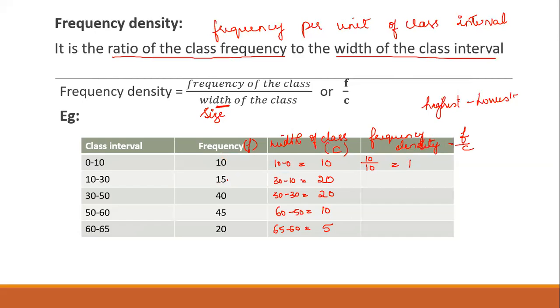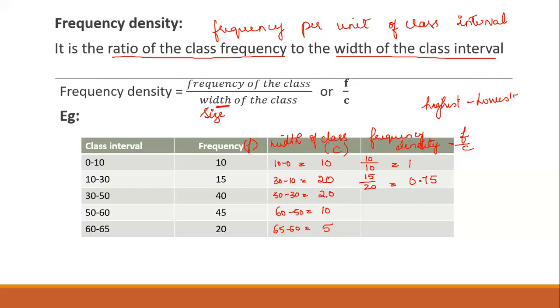The second one, frequency F is 15, divided by the size or width, that is 20. So 15 divided by 20 will give you 0.75. It is a per unit or ratio form. So it is the frequency density, that is nothing but frequency per unit of the class interval.